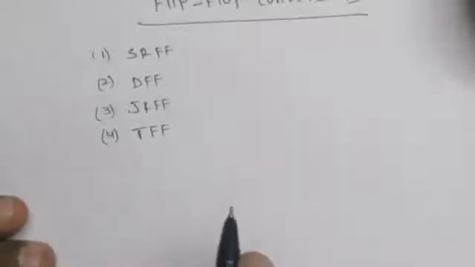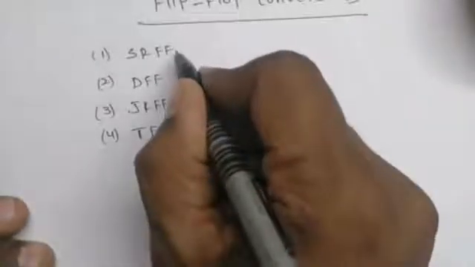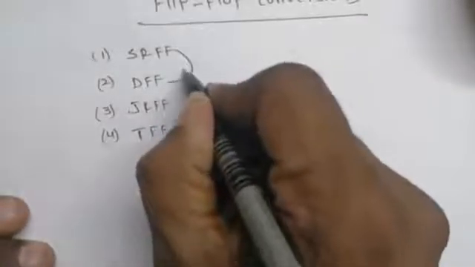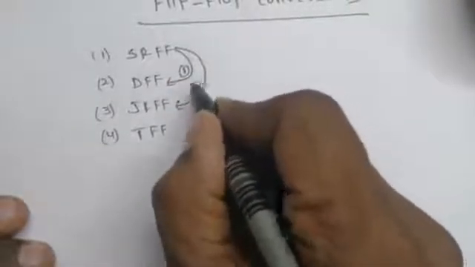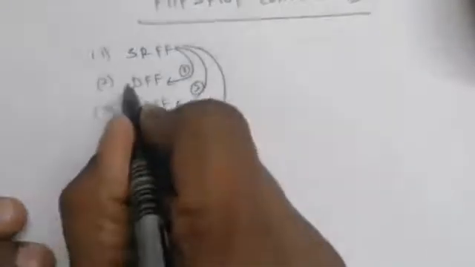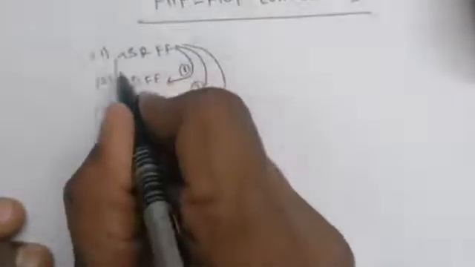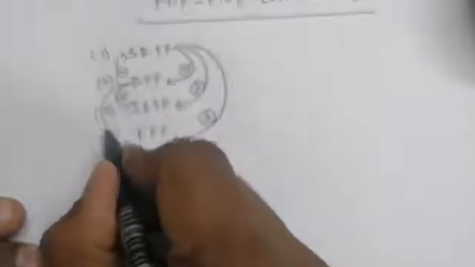For that, how many questions are there in this? There are a total of 12 questions. Like SR flip-flop to D flip-flop conversion, SR flip-flop to JK flip-flop conversion, SR flip-flop to T flip-flop conversion. Similarly, D flip-flop to SR flip-flop, fourth question, D flip-flop to JK flip-flop, D flip-flop to T flip-flop, sixth question.